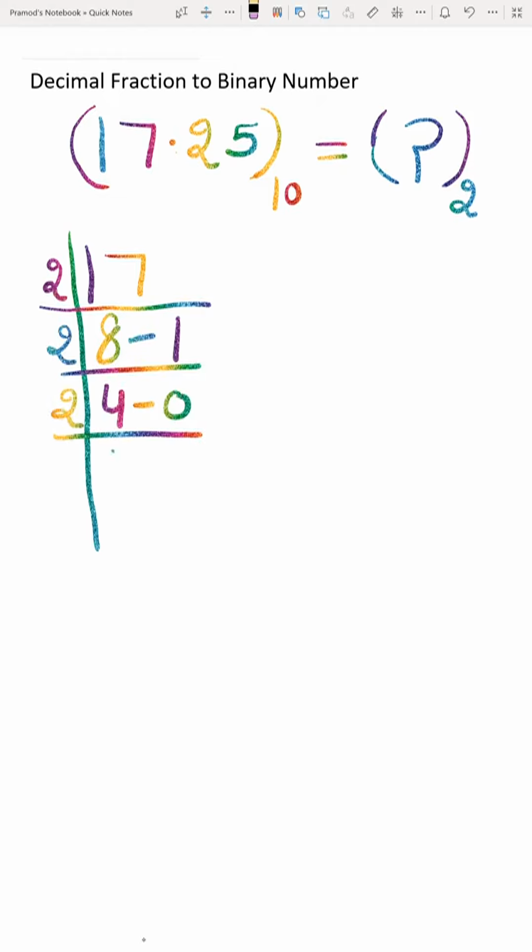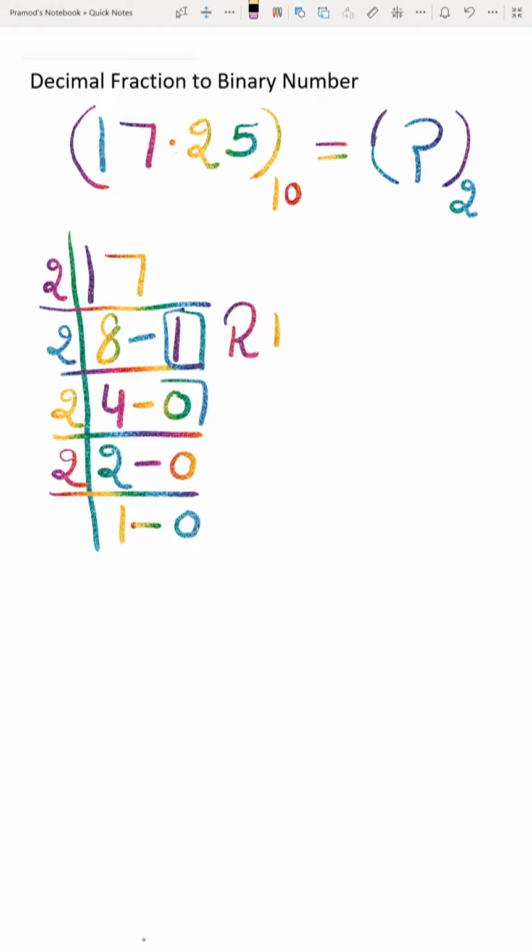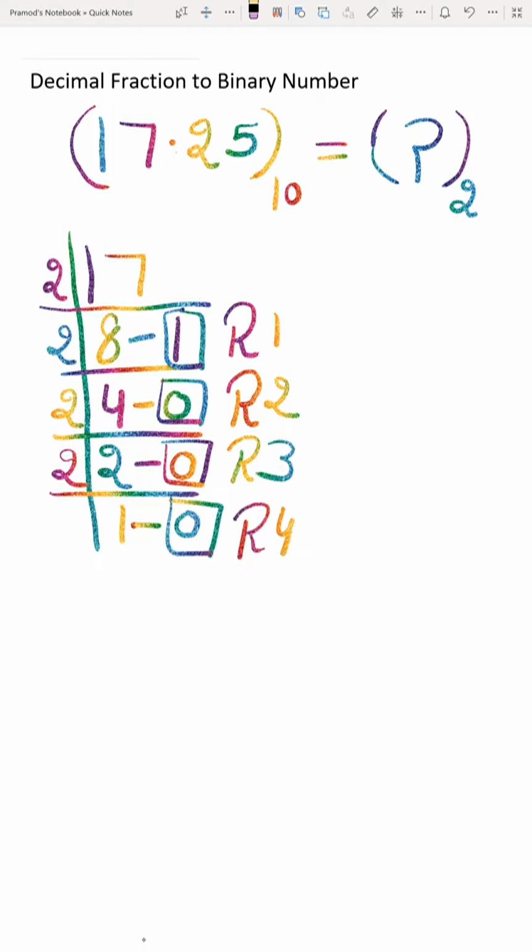Again 2. 2 2s are 4, remainder 0. 2 1s are 2, remainder 0, and the last remainder is 1. We already learned about this. And these are the remainders.